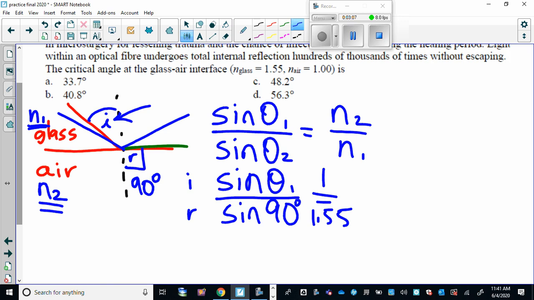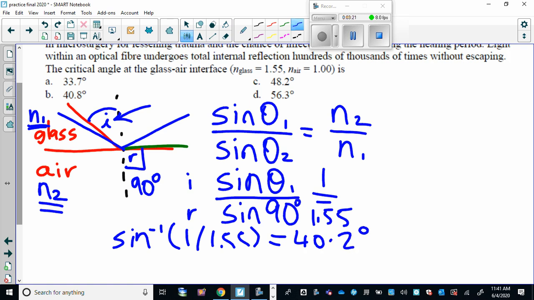You don't even have to cross multiply because sine of 90 is 1, so it's just the inverse sine of 1 divided by 1.5, and that's going to spit out an answer of 40.2. That's a typo right there. The answer should be B. It's 40.2 degrees.